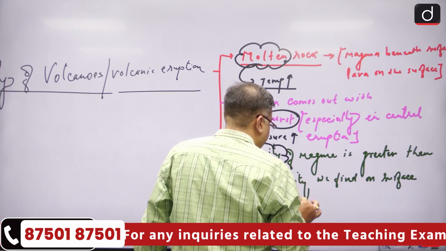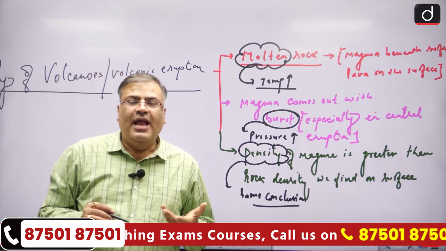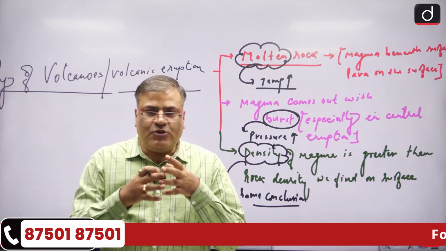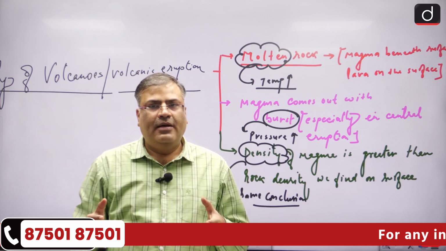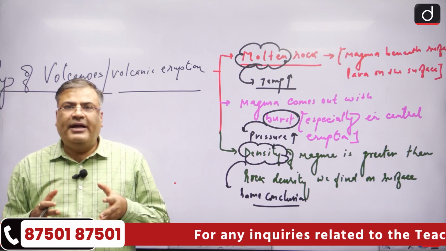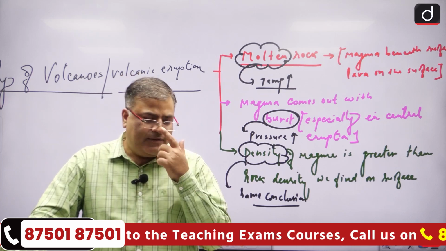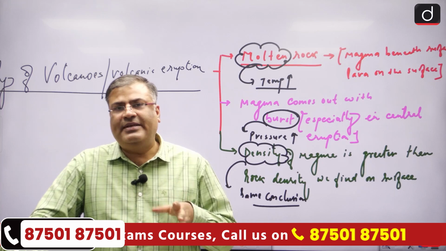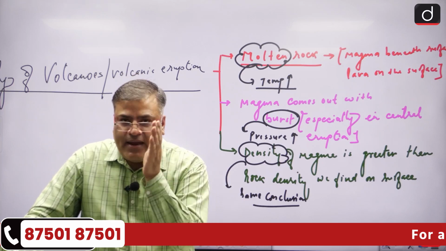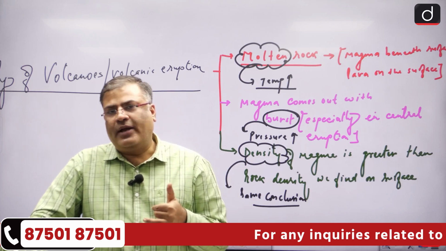So actually, a study of volcanic eruption gives us a sort of assurance that the study we have made till now is not a wastage of time either. It is a very fruitful time, the time we spent studying the interior through temperature, pressure, and density, as well as the meteors. There we said that yes, it should be made up of iron and nickel. So all these findings are in a very right direction. So for that, we should be thankful to the study of volcano.